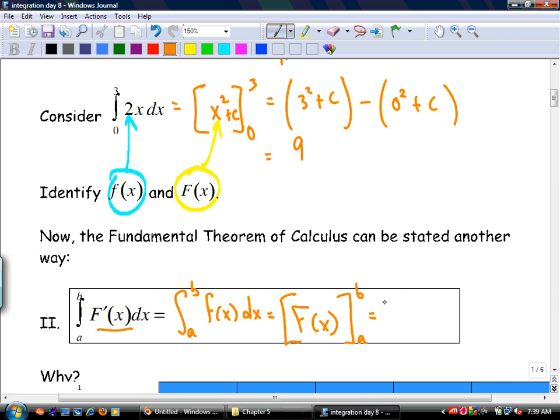Which is equal to this. Gotta love the capital, lowercase, capital, lowercase. You gotta be careful.